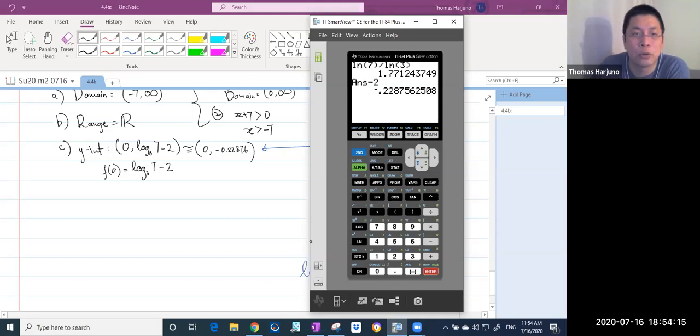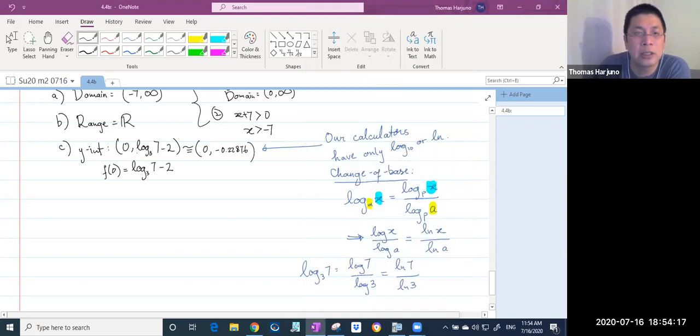This is the exact solution. And when you use the calculator, that's the approximate solution. We call that approximate because this number is actually rounded from a longer decimal.